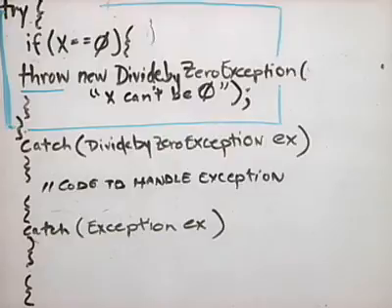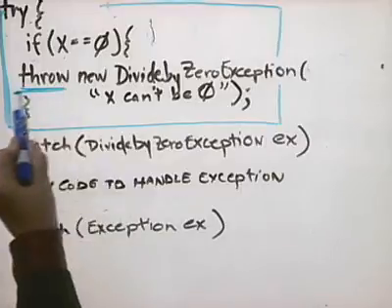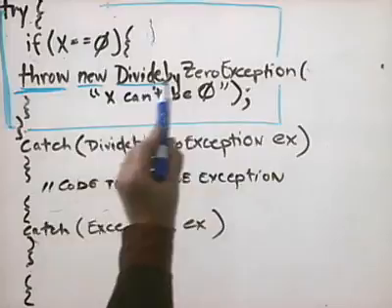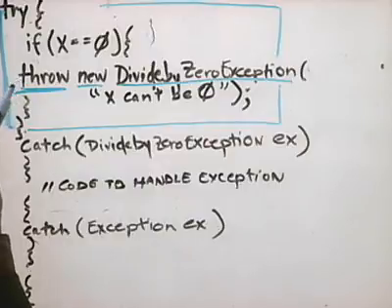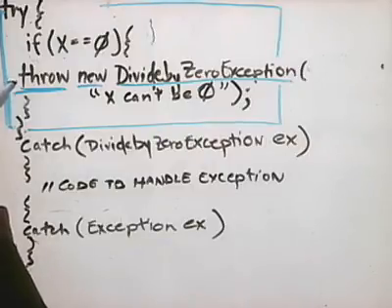So what we're doing here is creating a new instance of the DivideByZeroException and throwing it. What this will do is suspend the execution of our code normally, and control will start moving through the catch statements. The first catch statement actually does catch the exception that was thrown.